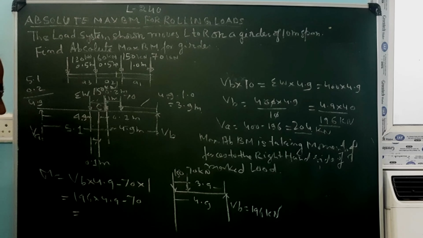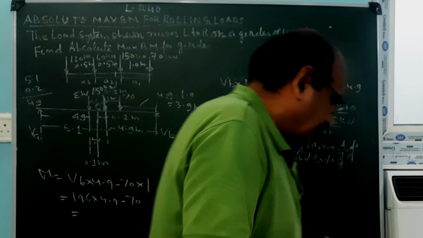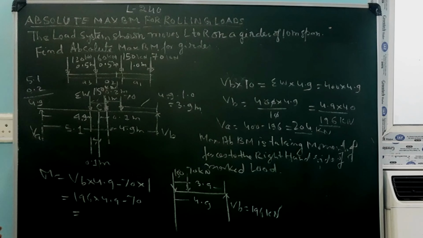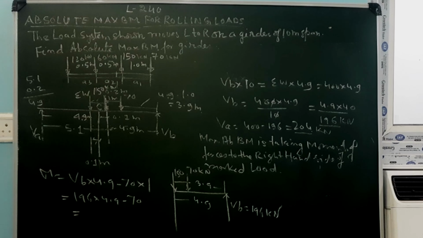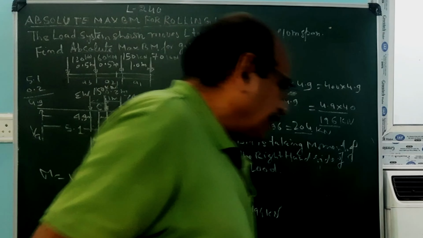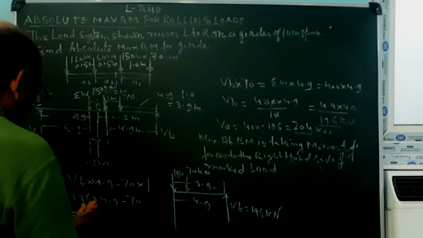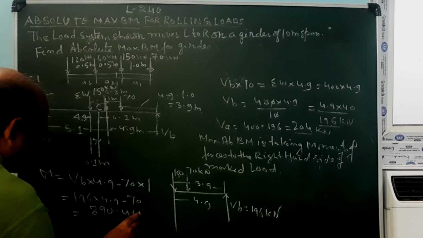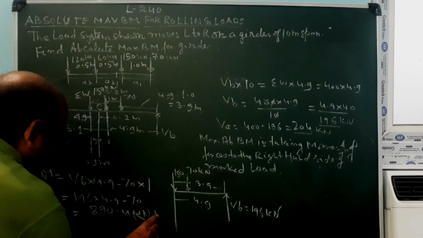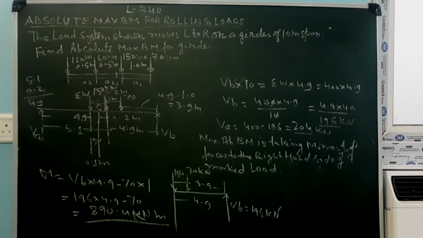So let us find out this value. 196 into 4.9 minus 70, we are getting 890.4 kilonewton meter. This is your absolute maximum bending moment.